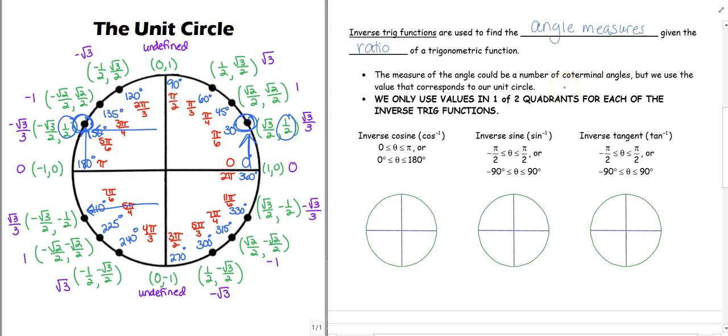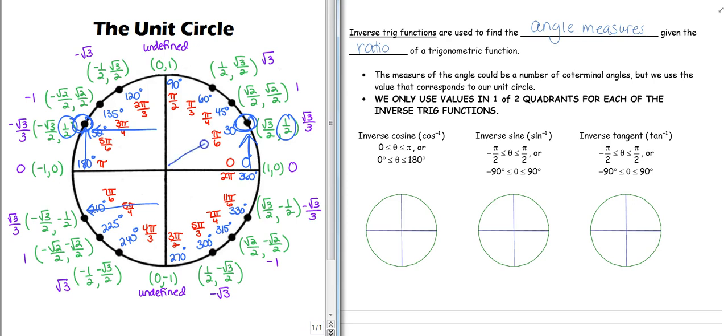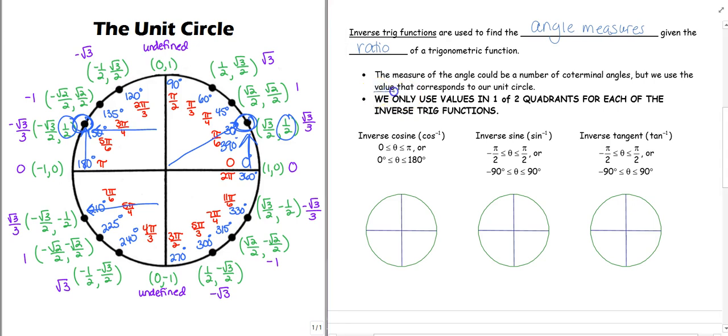For example, if our location, which we found before, was at 30 degrees here, 30 degrees is the same as 390 degrees. That's a coterminal angle. But if I'm asking you for the angle that corresponds to that ratio, we are always going to use the value that corresponds to the unit circle. So we're not going to be using any coterminal angles.